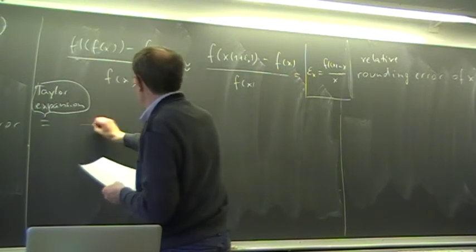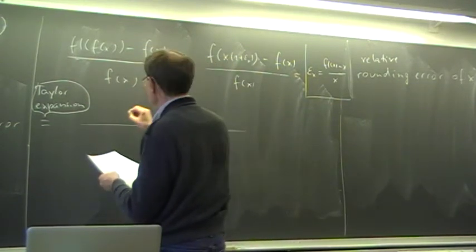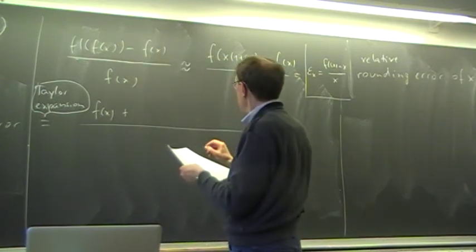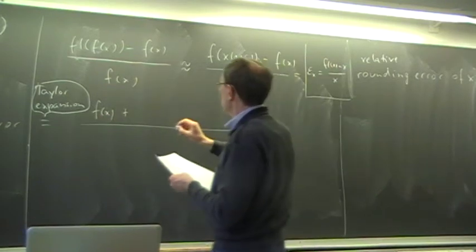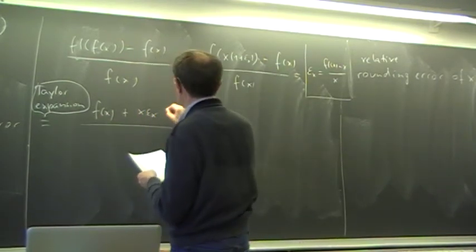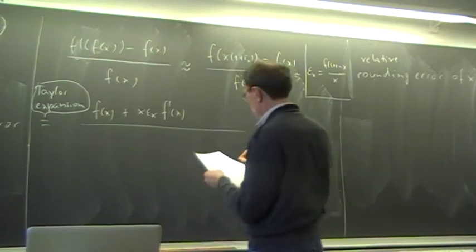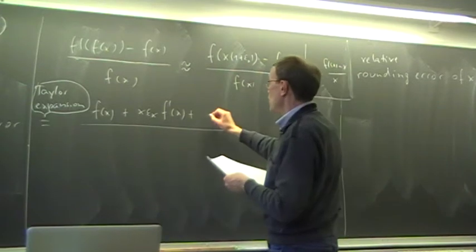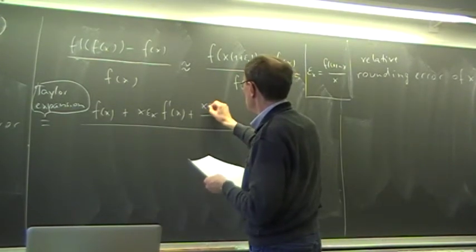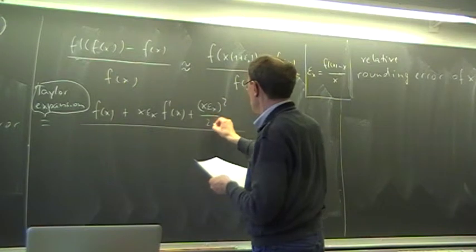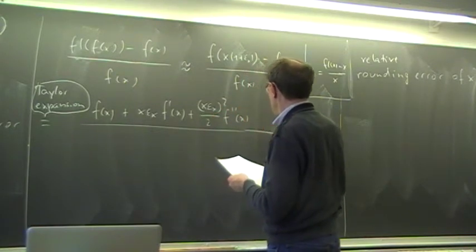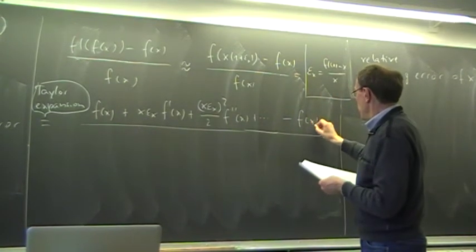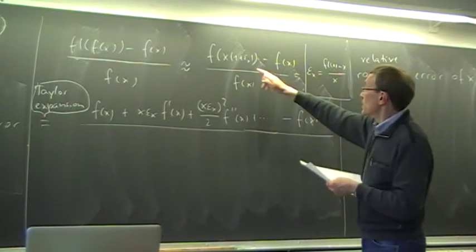Then we get f of x, and then we get x epsilon x times the first derivative of f, and we get higher order terms. So the next one would be x epsilon x squared, half, the second derivative of f, plus and so on, minus the f of x. So we do a Taylor expansion of this here.